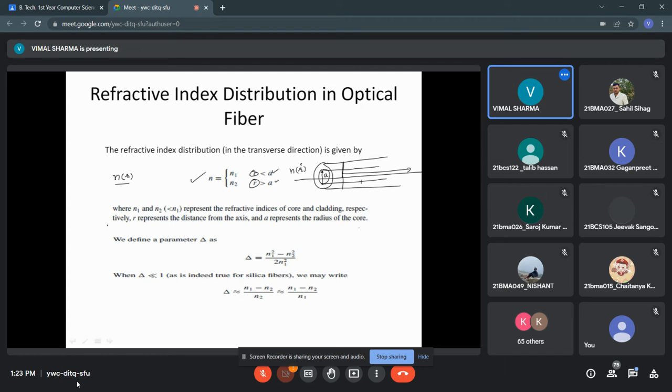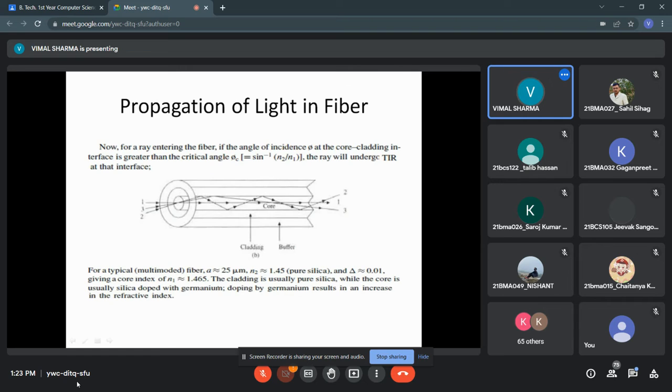Of n1 and n2, n1 is always greater than n2 because this is the core and this is the cladding. And this parameter I have already discussed with you. This is the fractional refractive index change, and we can use this to write the numerical aperture.